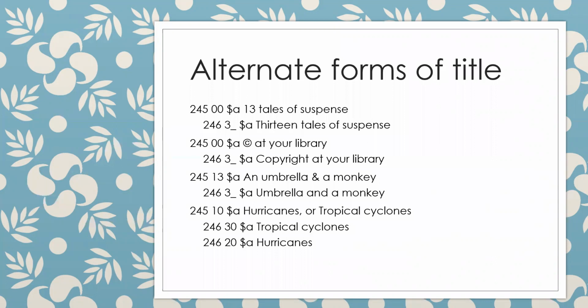So you are doing the 246 30 tropical cyclones, but you're also doing that 246 20 for hurricanes, even though hurricanes is in the 245 10 and that's the first word. But again, that started some great discussion amongst many of us who had never heard of this less than 5 words rule.